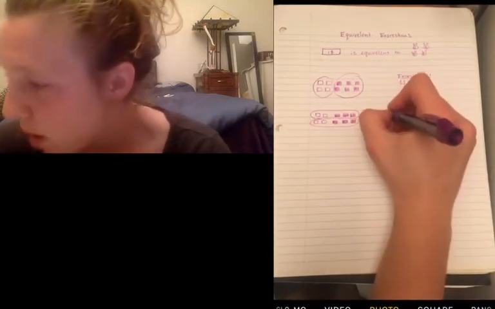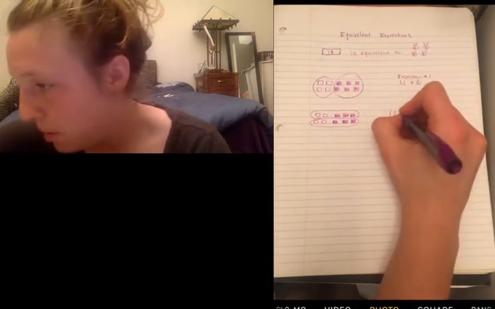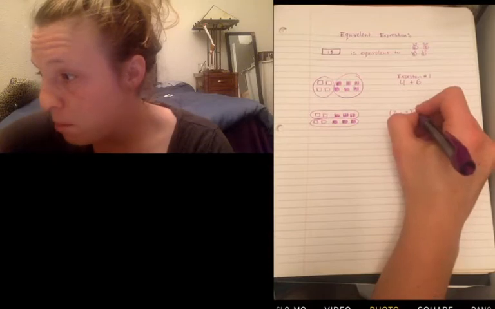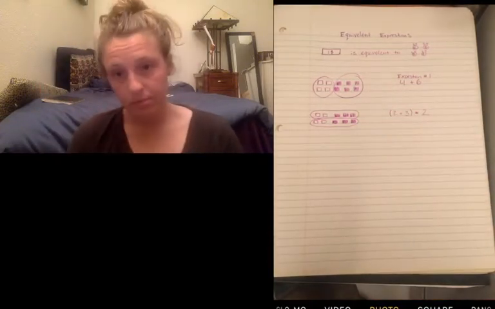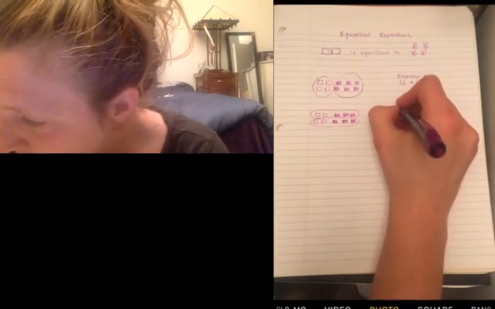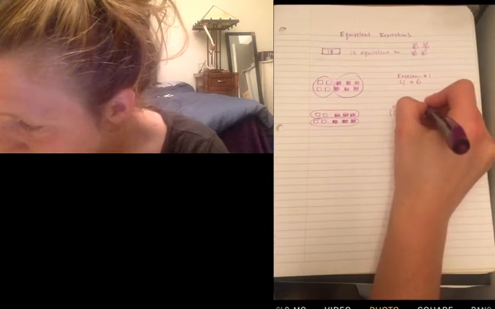And they might draw this as 2 white squares plus 3 purple squares, and then multiply that by 2. This is expression number 2.